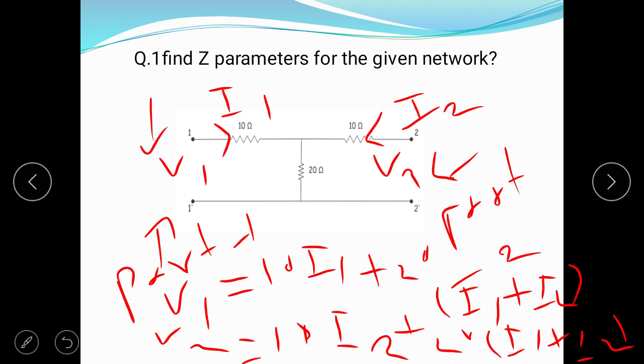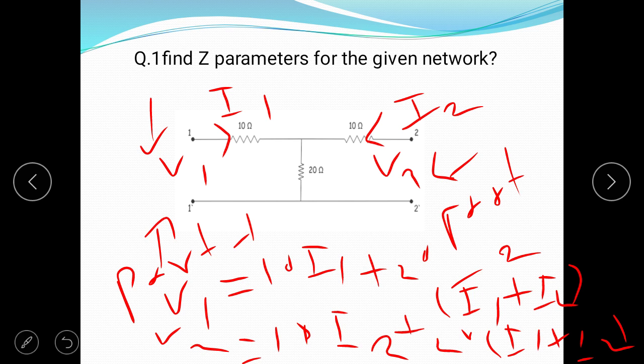So from these two equations we can directly obtain the values of Z11, Z12, Z21 and Z22 by making a matrix form. In matrix form we can write [V1 V2] is equal to the matrix [Z11 Z12; Z21 Z22] times [I1 I2]. So this is the procedure of finding Z parameters in a two-port network.